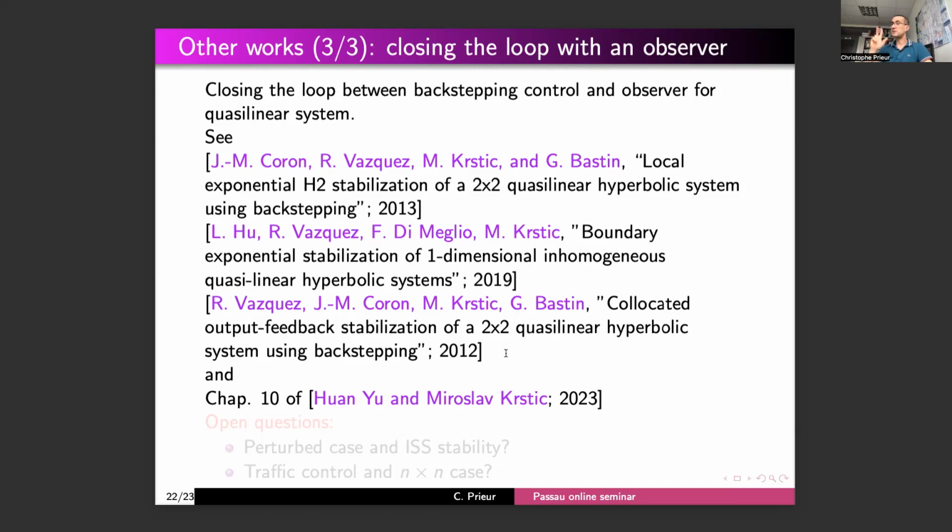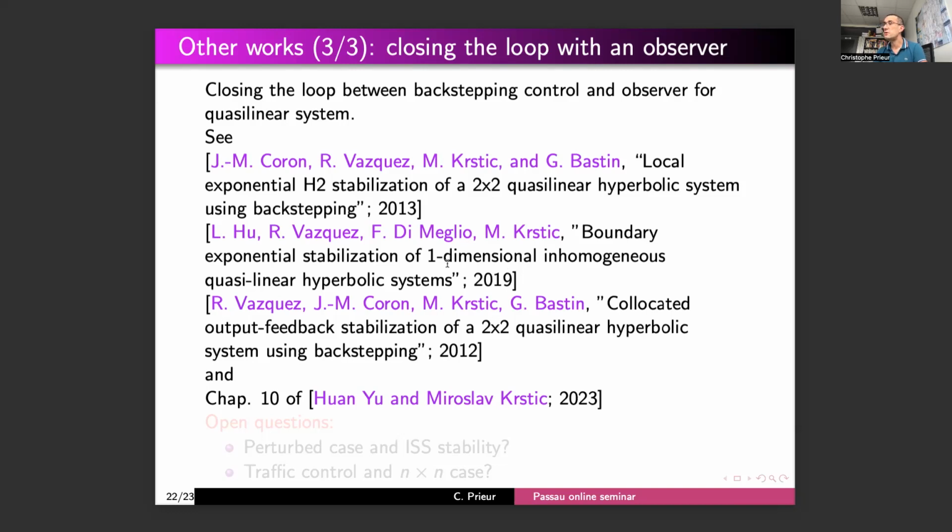I would like to give you four references on that. The first one is about a quasi-linear hyperbolic system, but 2 by 2. In this very nice paper of Rafael Vasquez, Jean-Michel Coron, Miroslav Krstic, and Georges Bastin, they succeed in combining an observer with a state feedback law for quasi-linear hyperbolic systems. It is a very nice result.